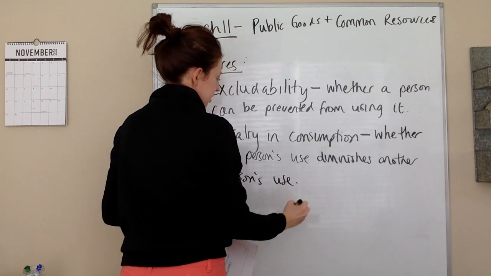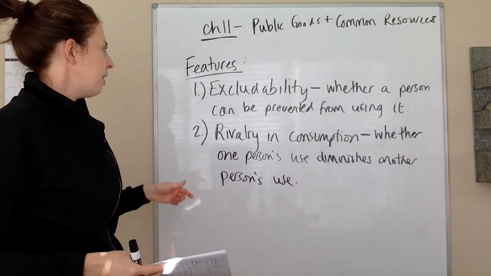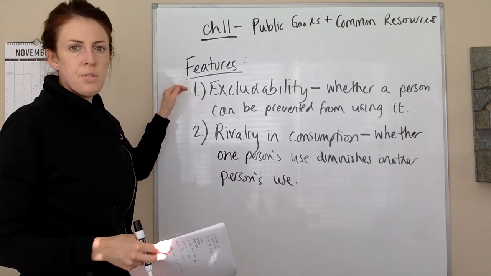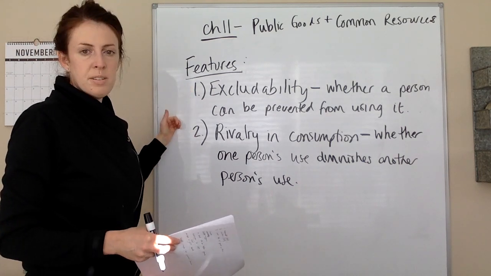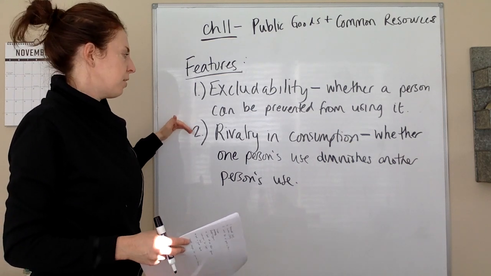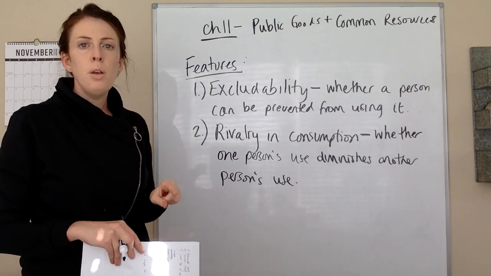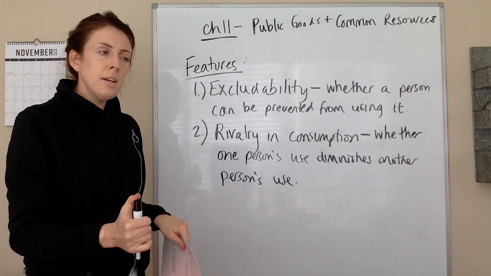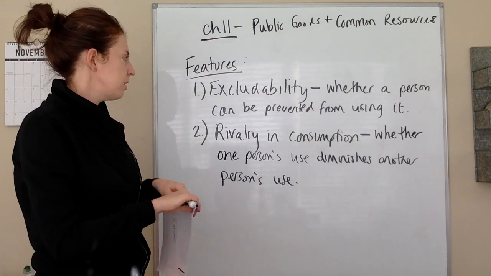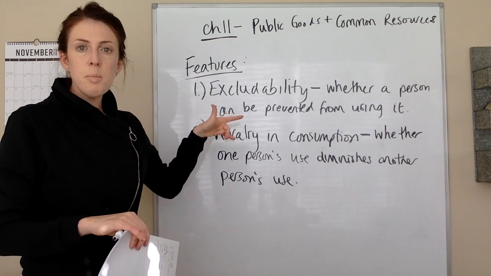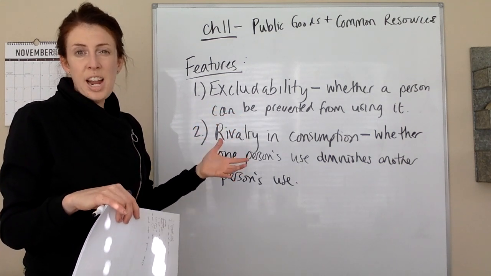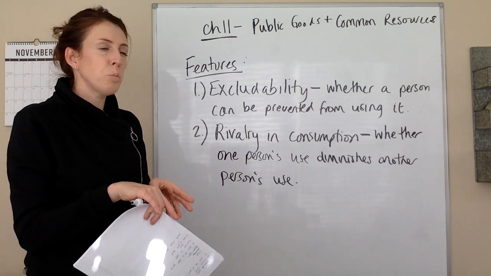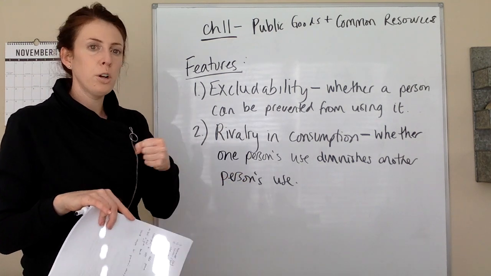Okay, so these are the two features that we're going to be thinking about today. Every good can be classified as yes or no, is it excludable, and yes or no, is it rivalrous. If every good can be characterized along these two dimensions, then there are a total of 4 possible defining features that allow us to split any good into one of 4 groups.